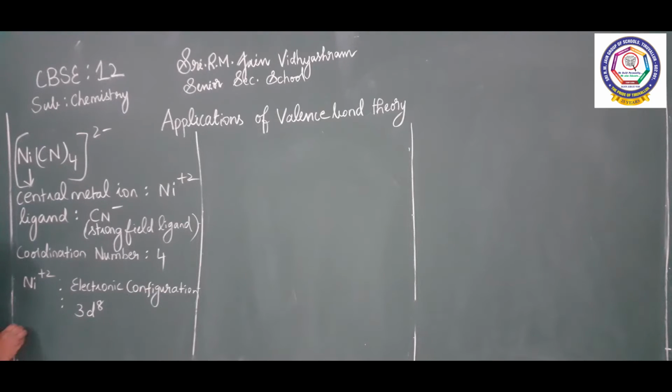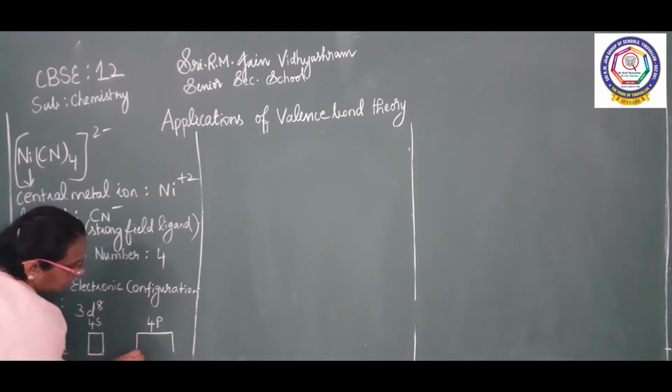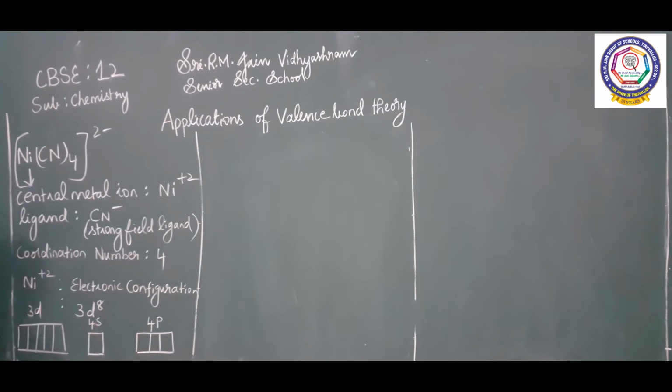3d8. So what are we going to do? 3d, 4s and 4p. In 4s there will be only one orbital, in 4p there are 3 orbitals. The configuration is 3d8, so we arrange the electrons now. 1, 2, 3, 4, 5, 6, 7, 8.